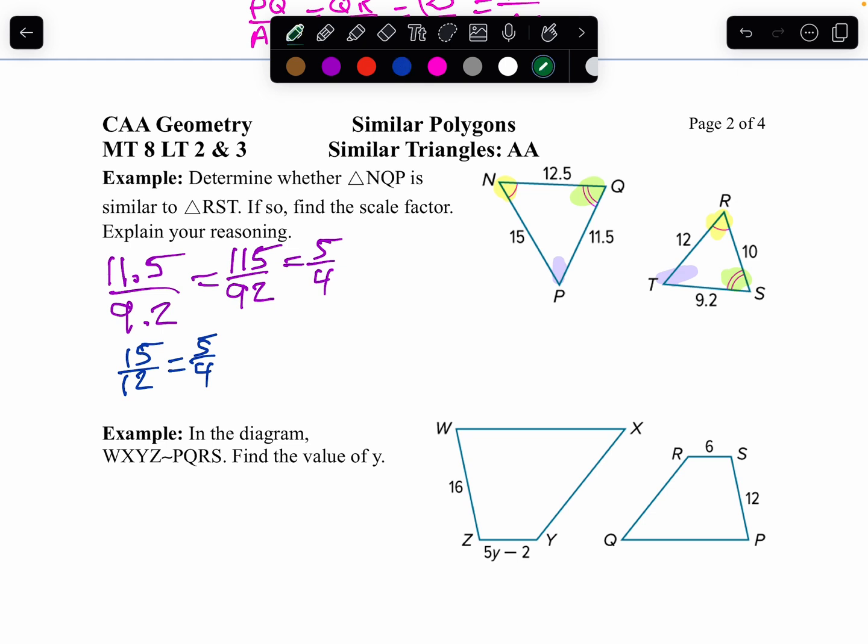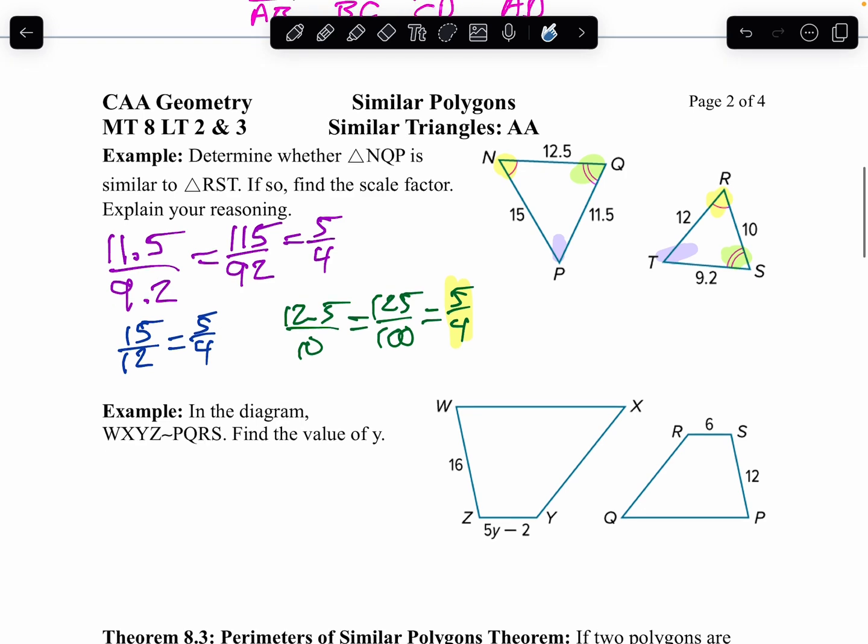Let's do 12.5 to 10. Well, that's 125 to 100. So if I divide by 25, I get 5/4. And notice that's my scale factor, because they're all the same. I just got to reduce it.